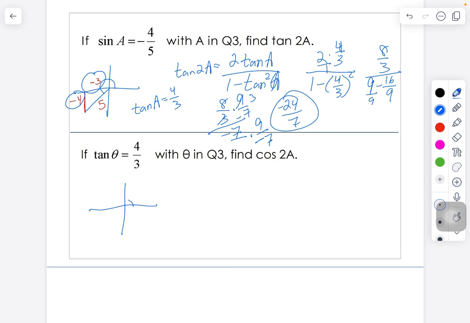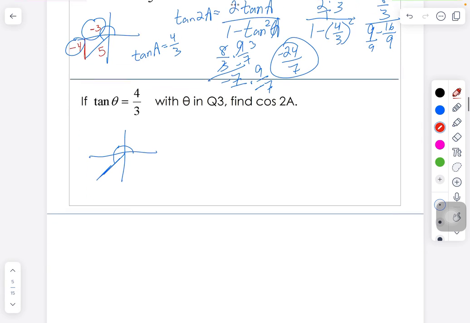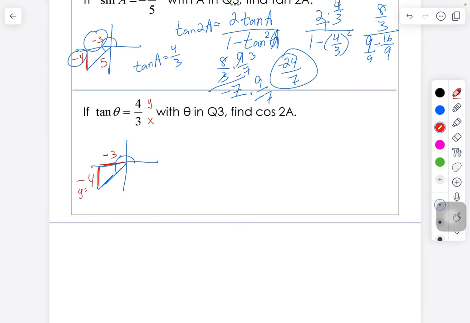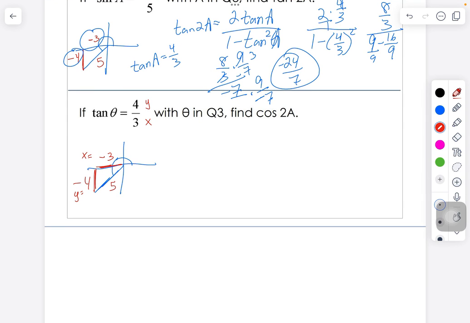So here's my angle in quadrant 3 again. Now, since I'm in quadrant 3, I'm going to go over negative 3, negative 4. I guess I'm skipping this, but this is y over x. So here is my y value, here's my x value. I'll find the radius, which is going to be 5. Again, Pythagorean triple. Find the cosine of 2a.